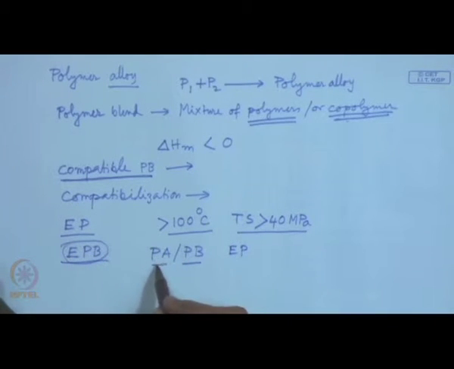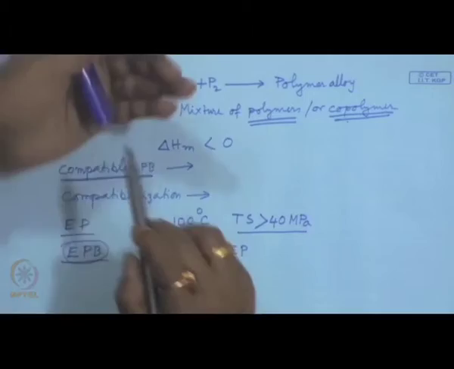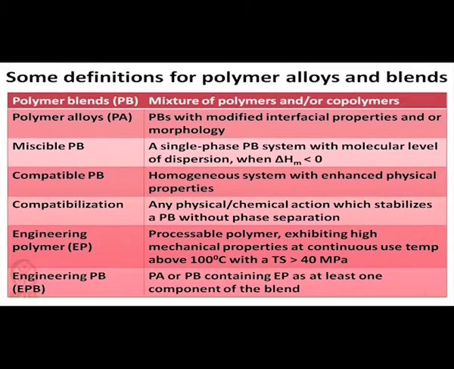So, once again I repeat, a polymer blend having components A and B, polymer alloy or polymer blend, any one of these two should be an engineering polymer, that is known as an engineering polymer blend.